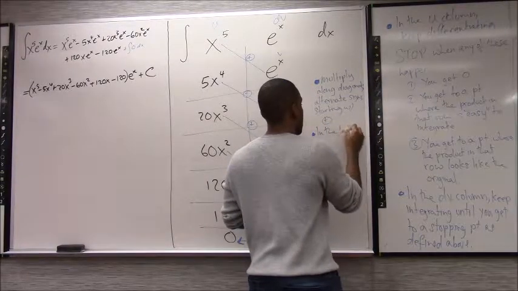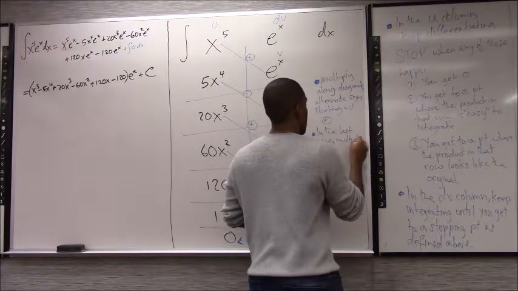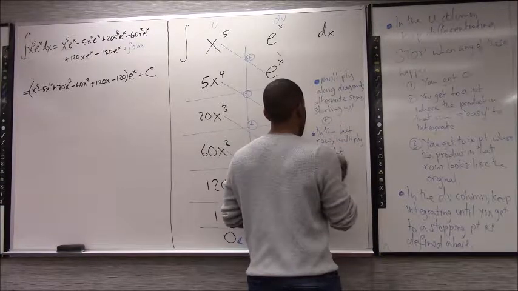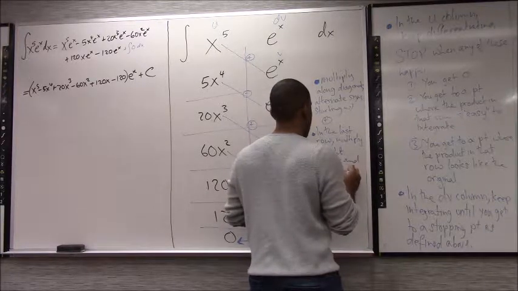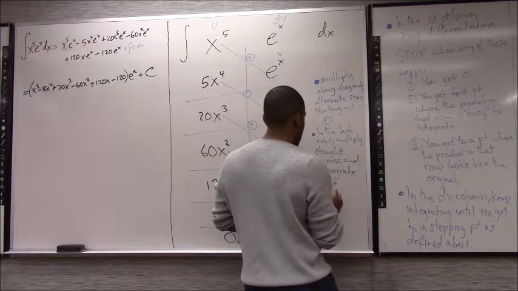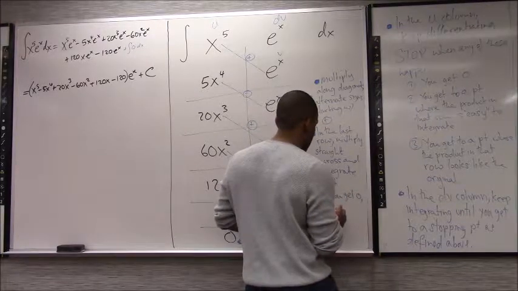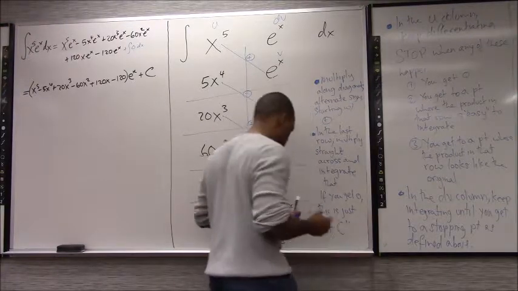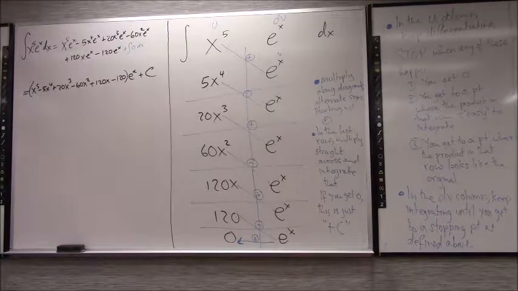In the last row, multiply straight across and integrate that. If you get 0, this is just plus c. If it's not 0, you just do the integration and then you add c afterward.